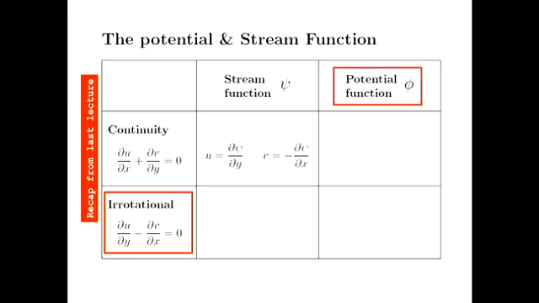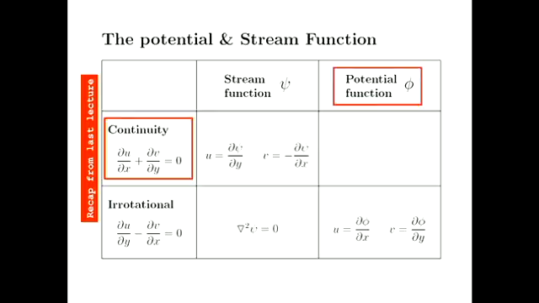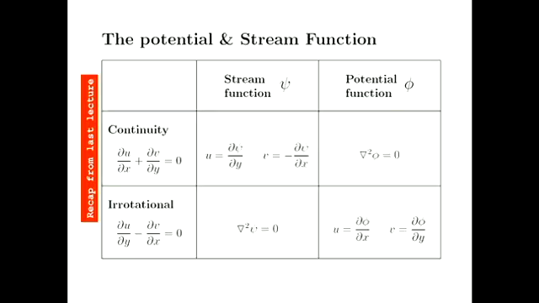The potential function is defined in such a way that it automatically satisfies that irrotational condition. And then conversely, in order to get the stream function to satisfy that irrotational condition, the Laplacian of that stream function must equal 0. And in order for the potential function to satisfy continuity, the Laplacian of that potential function must equal 0.